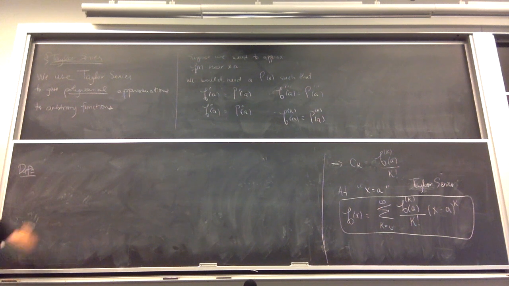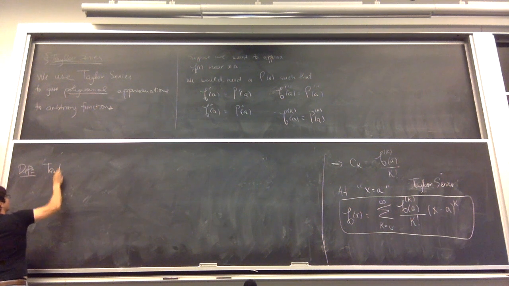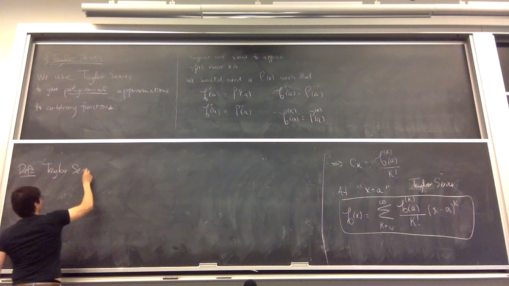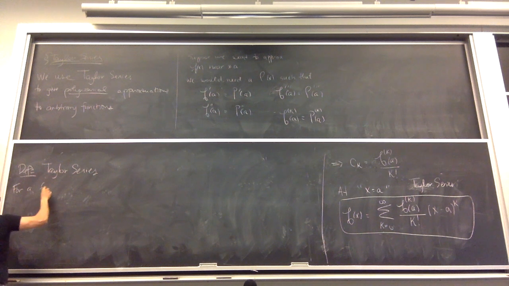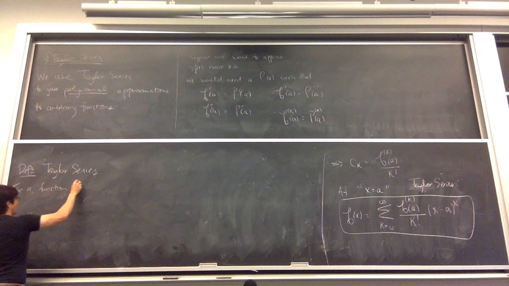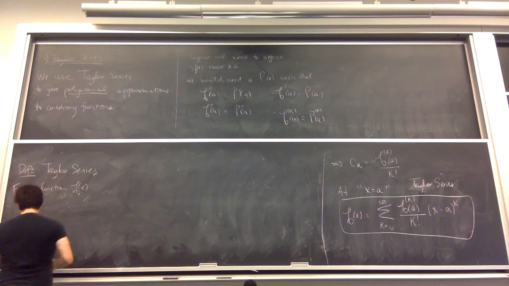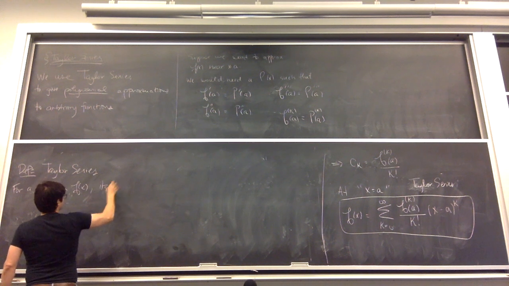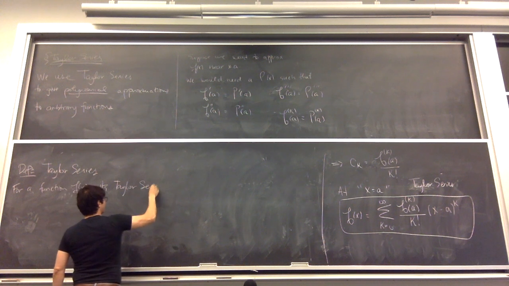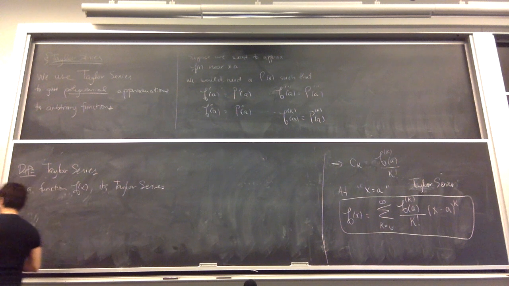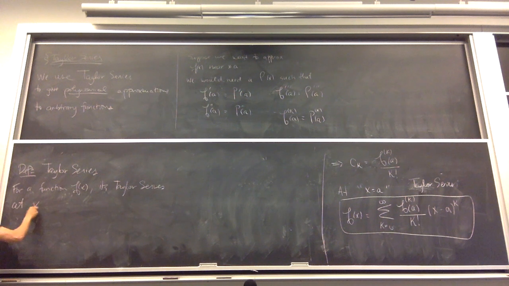Definition. Taylor series. For a function f of x, its Taylor series at x equal a is this, what I just wrote over there.